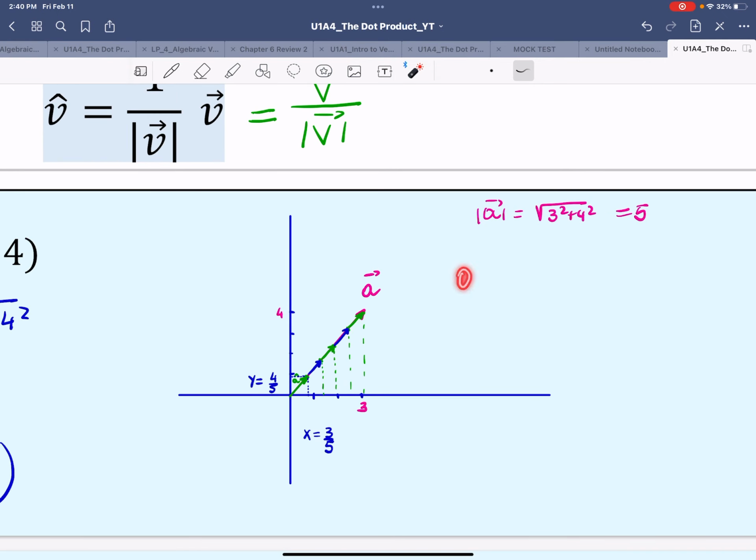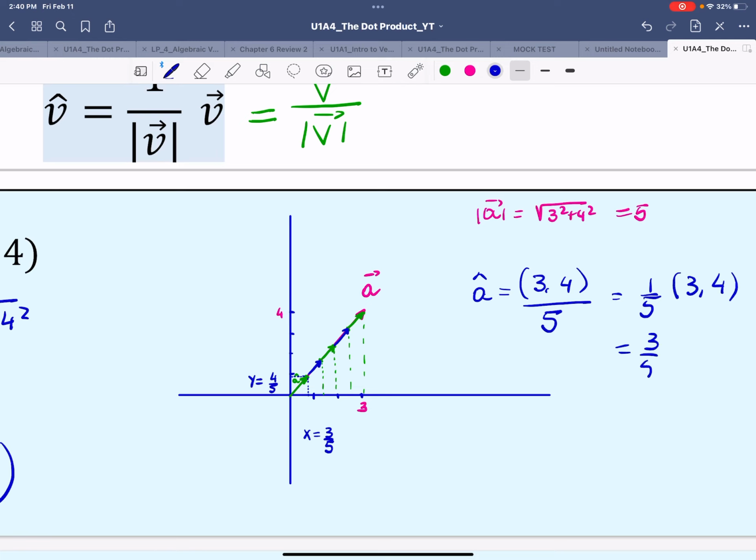So we're going to say unit vector A equals 3, 4 divided by the magnitude, which is 5. So 1/5 of vector 3, 4, which is going to be 3/5 and 4/5. And you can tell that the coordinates here are 3/5 and 4/5, so they're below 1.